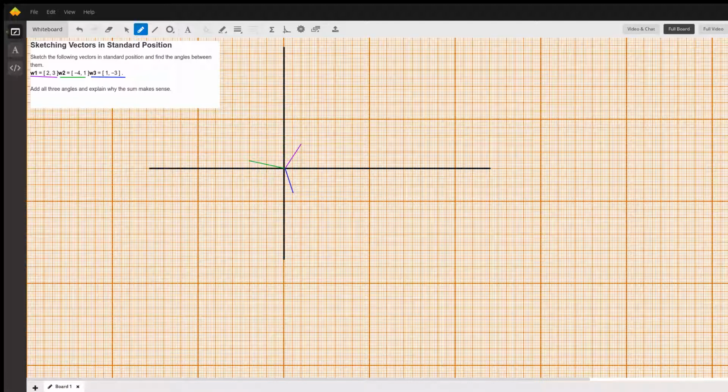Now, all of them, you can find the angle with respect to the x-axis by doing it this way. The angle with the x-axis, we'll call it theta, is the tangent inverse of the y-coordinate over the x-coordinate.